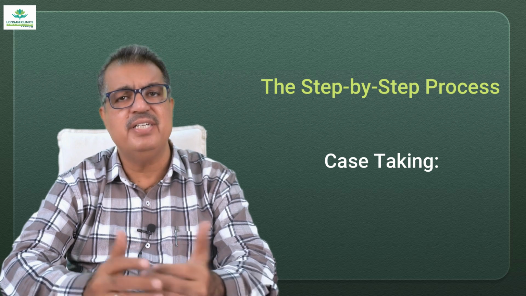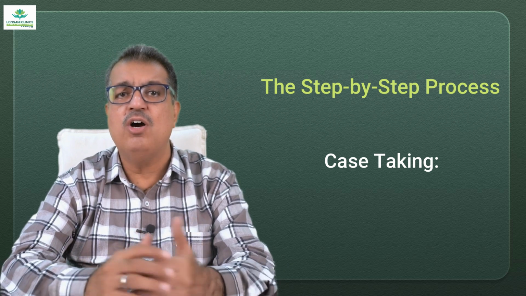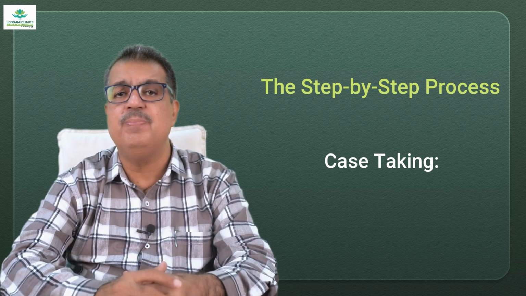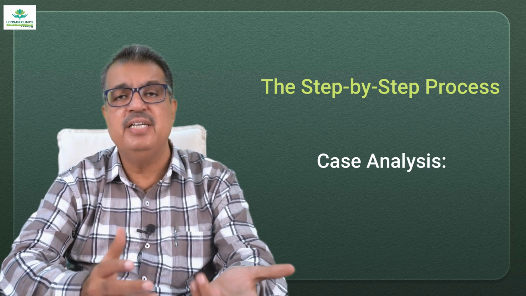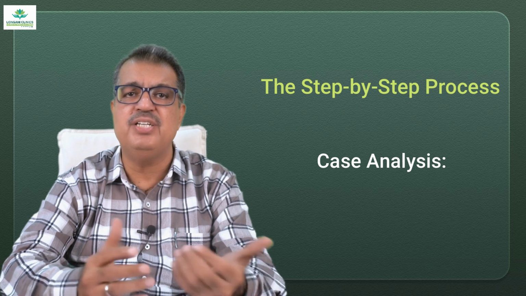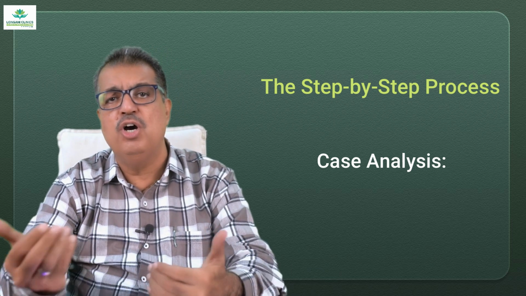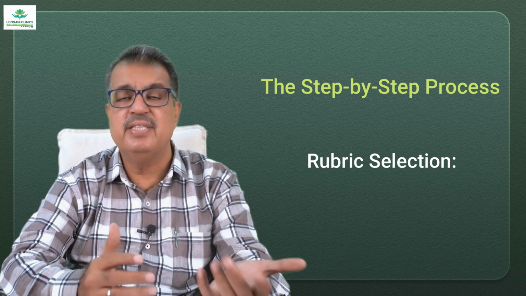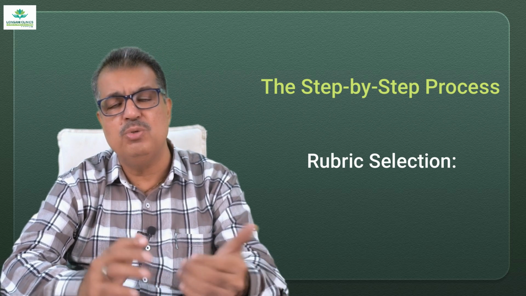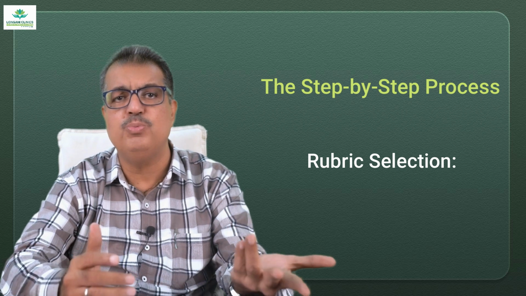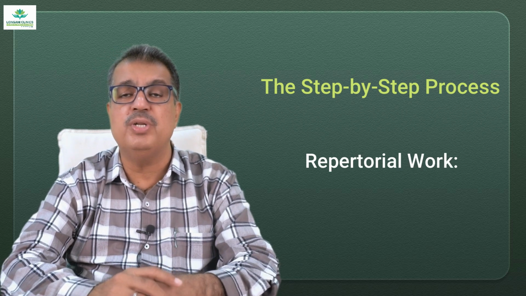Now we will see the steps in repertorization. The first one is case taking. Collect complete and detailed symptoms of the patient. Then comes the case analysis. Here classify the symptoms as generals, particulars or mentals, etc. Then comes the selection of rubrics. Here translate symptoms into the repertorial language, that means rubrics. Then comes the repertorial work.